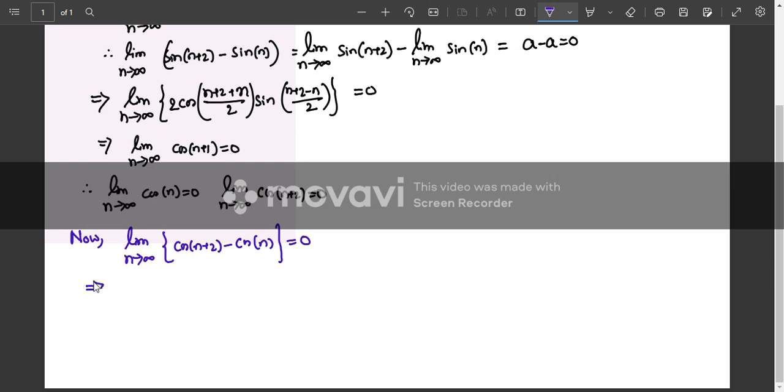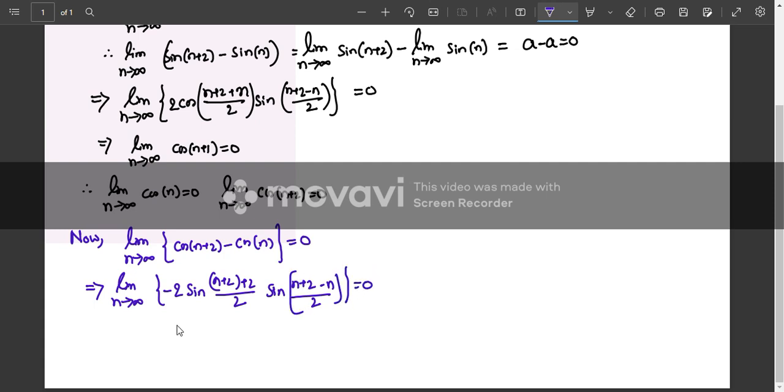Okay, so from here we can write the limit of cos(n+2) minus cos n, that is minus 2 sin((n+2+n)/2) sin((n+2-n)/2), equal to 0.